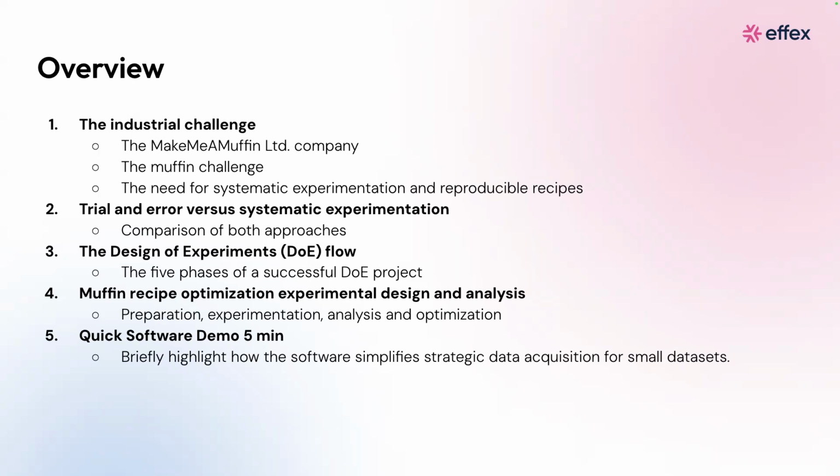Then we will recap the design of experiments flow. This is the 5 phases of a successful design of experiments project. And we will apply it to the muffin recipe optimization experimental design and analysis. We will end the webinar with a quick software demo where we will highlight some of the aspects.